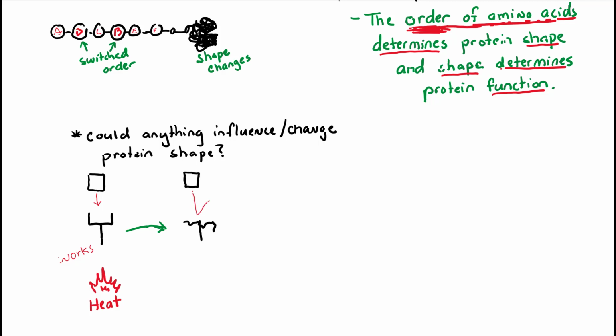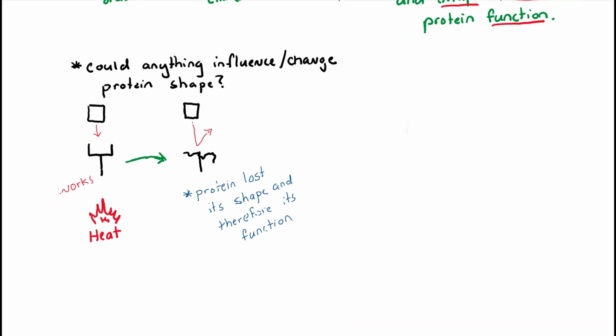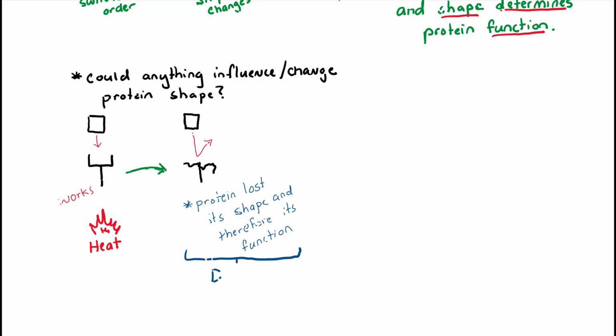It cannot accept the normal message that it usually did. Therefore, the protein lost its shape, and ultimately, it lost its function. So losing your shape, if you're a protein, is very bad, causes you to lose your function. When a protein loses its shape and function, it's known as a protein denaturing.